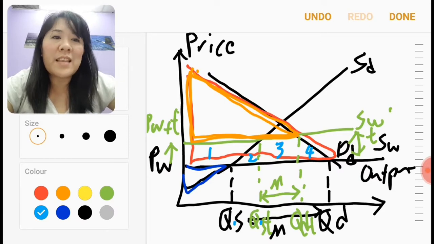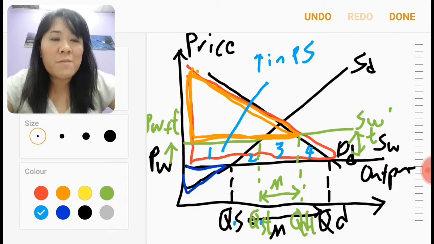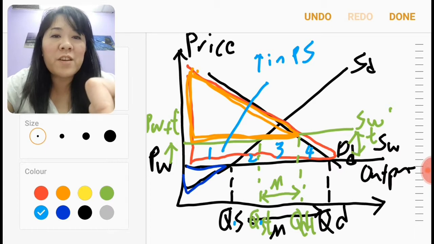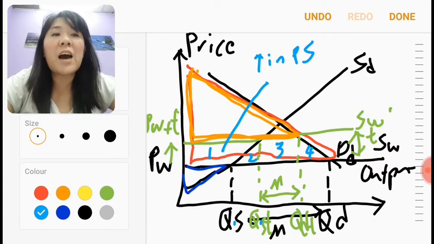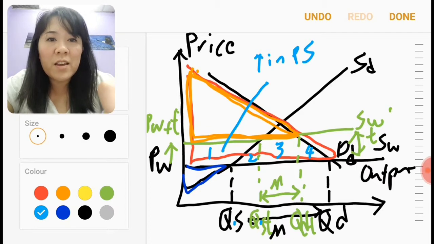This means that the producer surplus will have increased by area 1. This is the increase in producer surplus, because what the producers are willing to produce is given by the area under the supply curve, which is this area here.